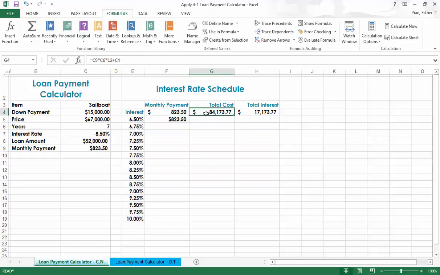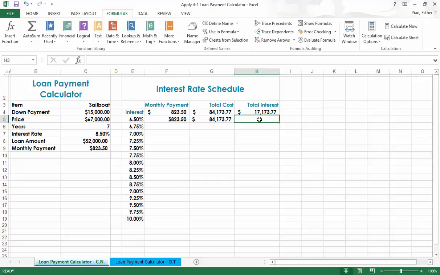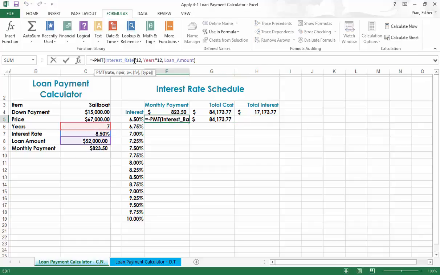And how do you calculate total cost? The total cost is going to be the monthly payment times years times 12, plus your down payment. Let me see why it has the same value here.